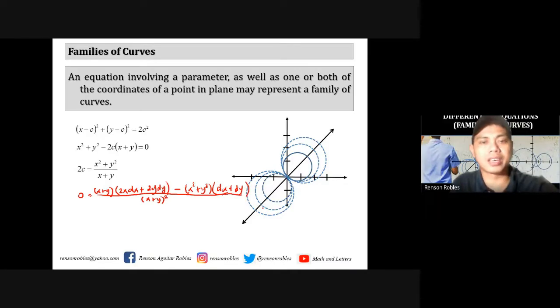Then to simplify, you can multiply everything by (x plus y) squared to avoid that squared denominator, and then you get this.